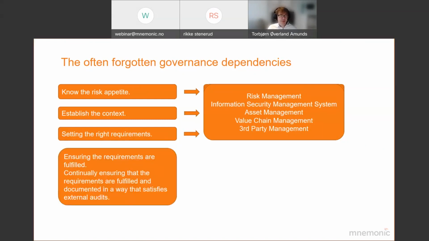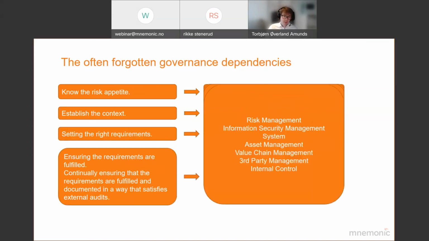And then for the 4th and 5th, the continual ensuring, we also need to add internal control. If we're going to satisfy external audits, we need someone to actually follow up on that. So these things need to be in place, and they need to be at the right maturity just to get started. They are very important, and before we can even start looking at finding the right requirements, we always need to ensure that this is in place.